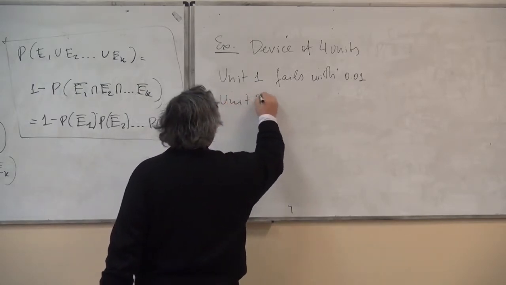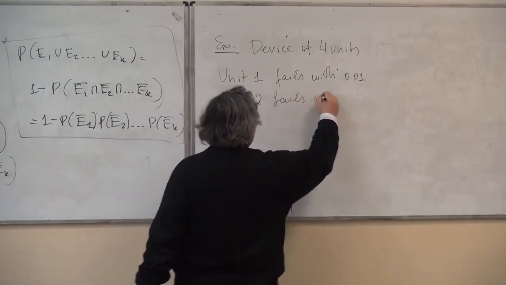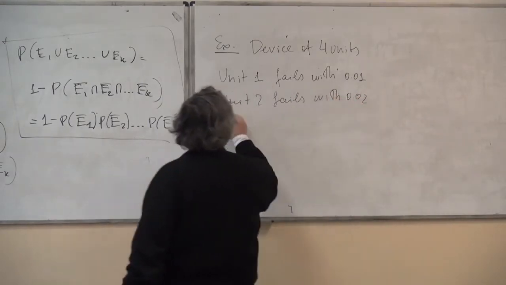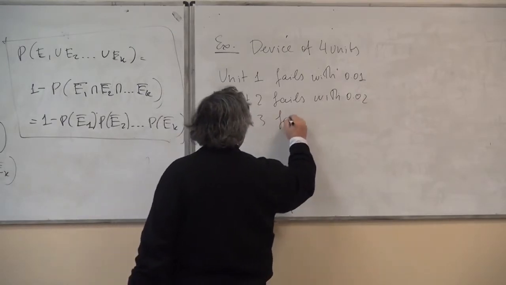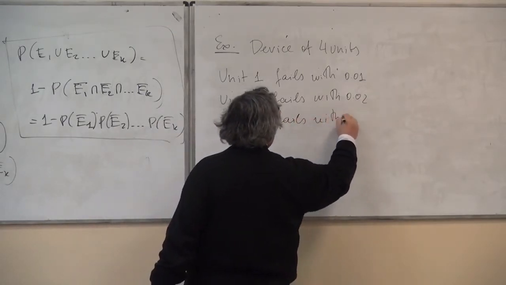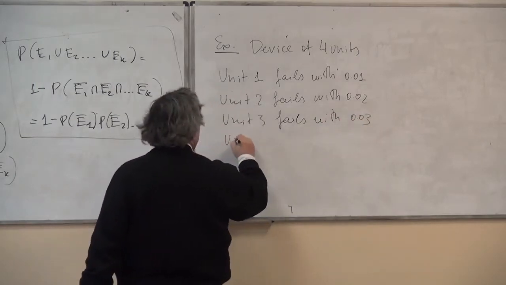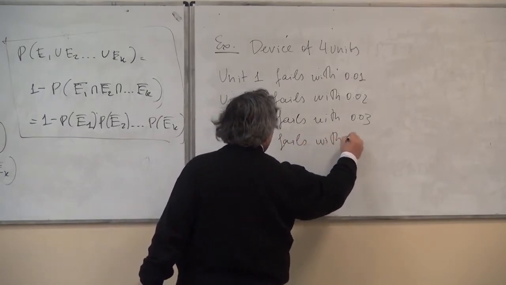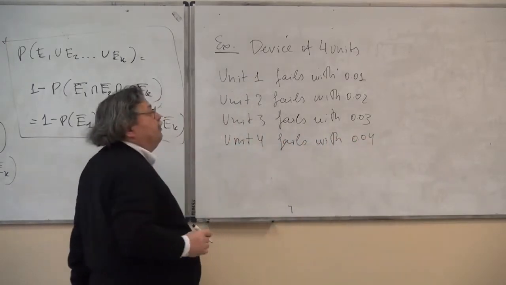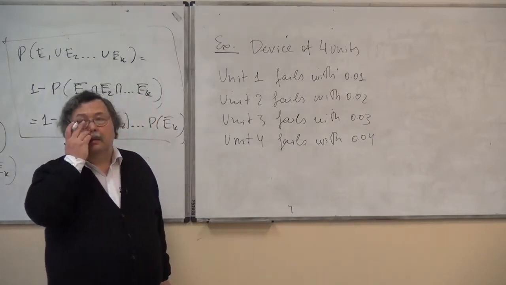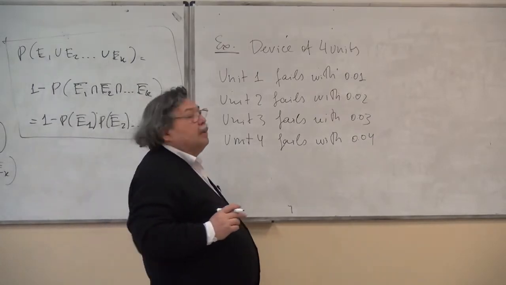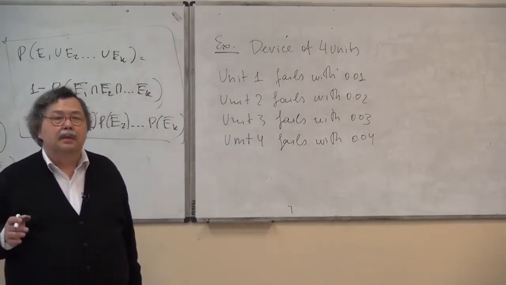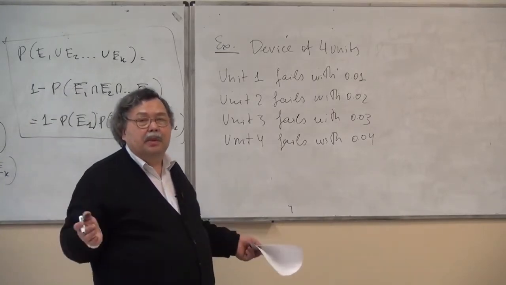Unit 2 fails with probability 0.2. Unit 3 fails with probability 0.3, and unit 4 fails with probability 0.4. Now let's assume that each of these units is critical for the operation of the entire device. If at least one of them fails, the whole device is out of operation.